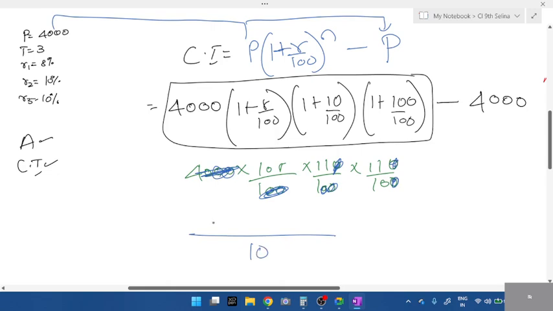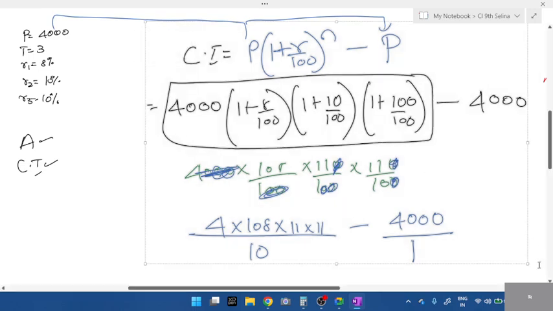Keep it as it is. In the numerator, what is left? 4 into 108 into 11 into 11, minus 4,000 divided by, what? The denominator is not given, so 1. How do you take LCM?